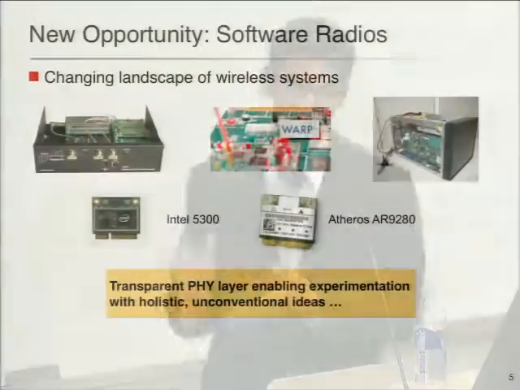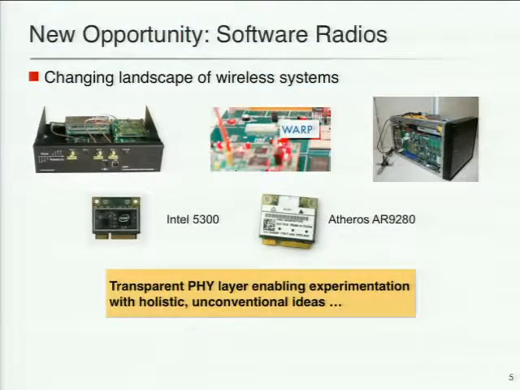And we can go ahead and improve performance only to a certain extent if we work with a black box. At some point, we have to open this black box, look deeply, and come up with more subtle abstractions that can be used in the higher layers. These software radios give us a transparent physical layer and enable that kind of experimentation in a holistic and sometimes in an unconventional manner.